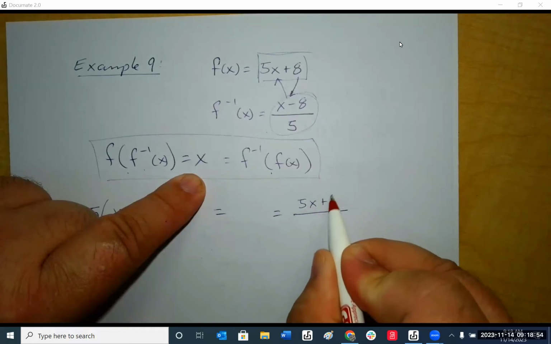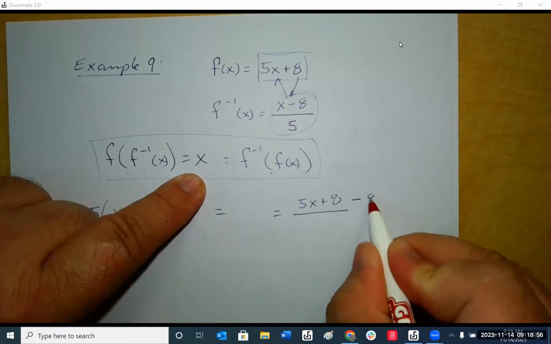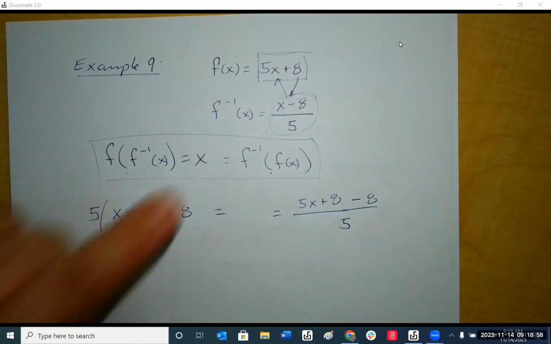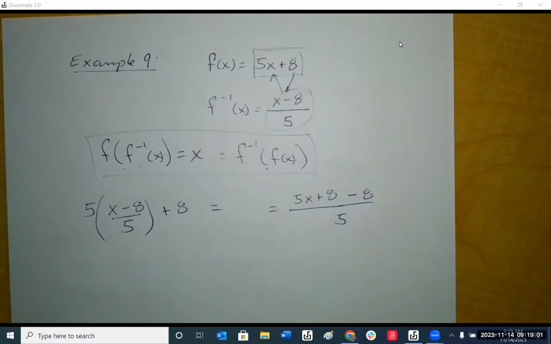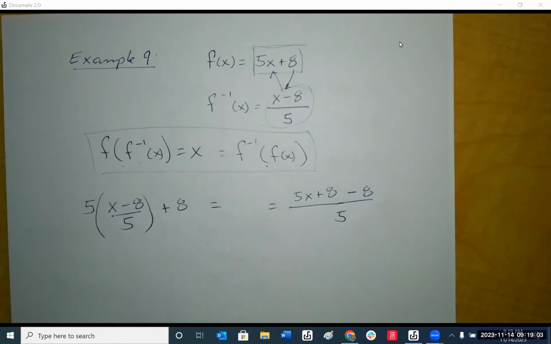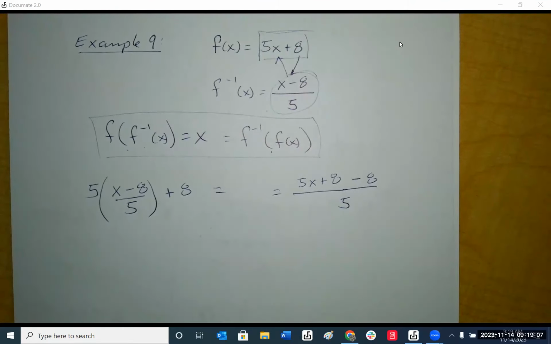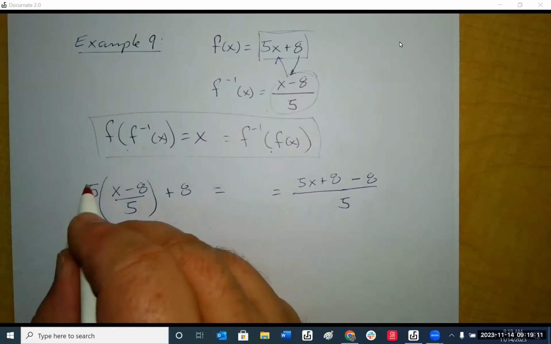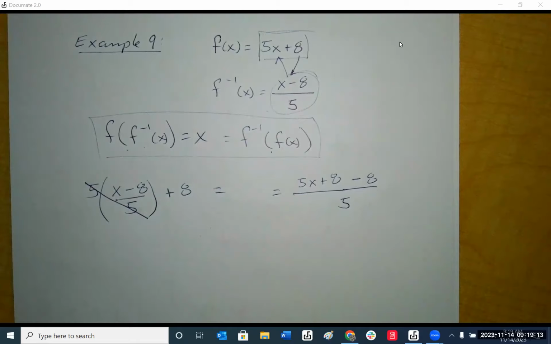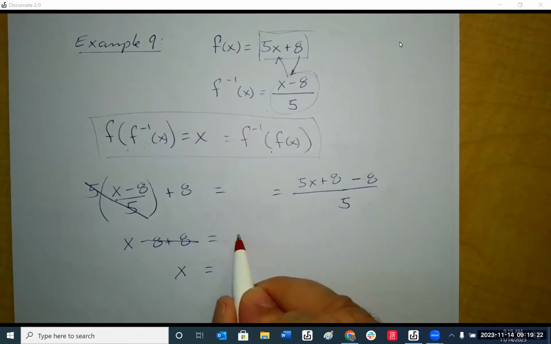So 5x plus 8 minus 8 over 5. The 5's cancel, so we have x minus 8 plus 8. So it equals x.